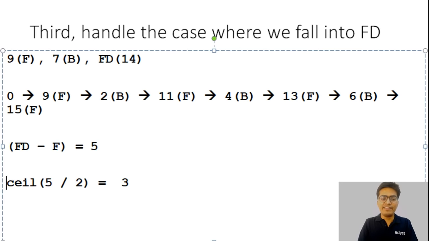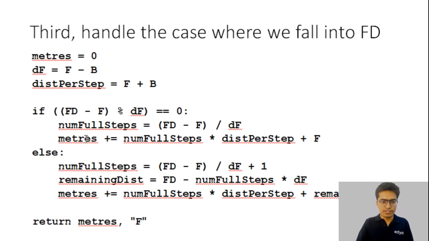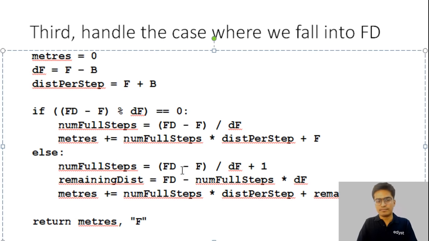If you had 5 divided by 2, and again converted this into an integer, then again it would give you 3, right? So you want to find out the full number of steps that you can take, and this is just a way of doing the whole ceiling thing that I just showed you a few seconds ago.